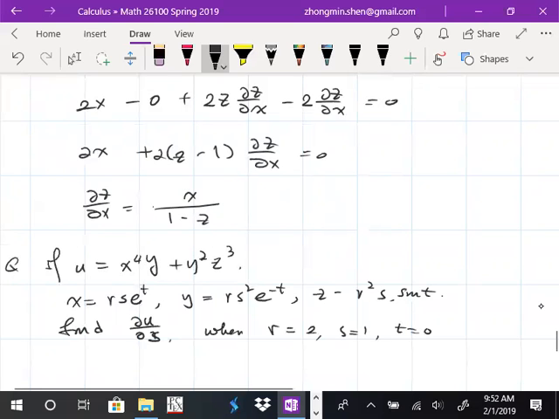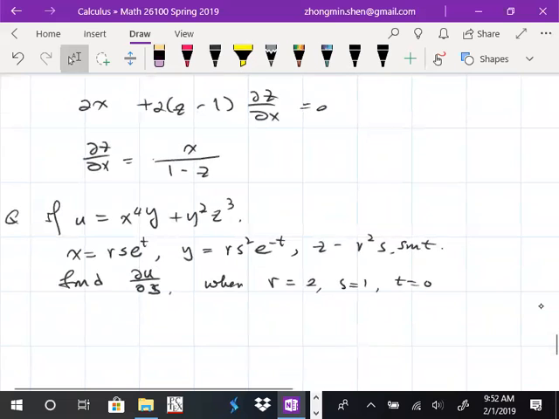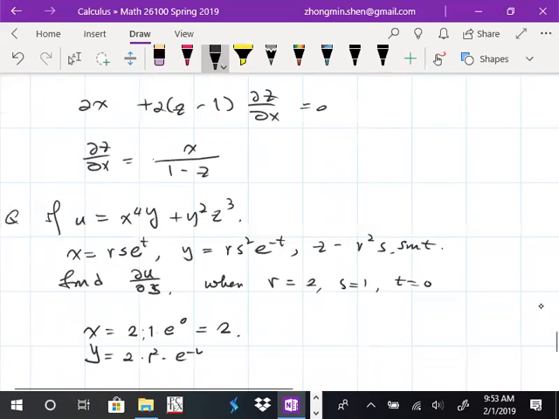Now, to do that, I also need to find out at that moment what the x value is. When r equals 2, s equals 1, x is 2 times 1 times e to the 0, which is 2. y is 2 times 1 squared times e to the negative 0, it's still 2.